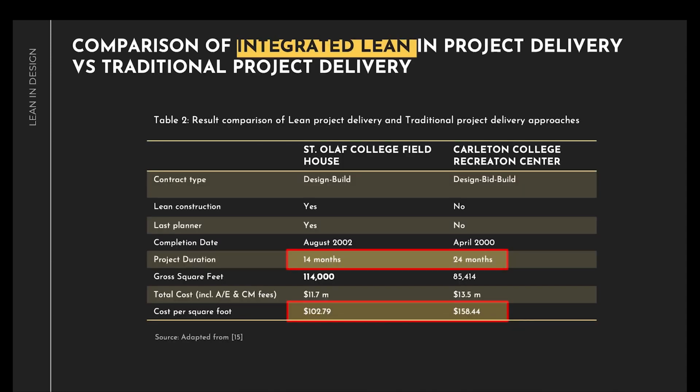Table 2 shows the results of two projects using different project delivery methods from the initial project through the construction stage. The St. Olaf College Fieldhouse reached a lower budget than the other one, while the GFA is bigger by about 30%, and the project duration is also shorter.